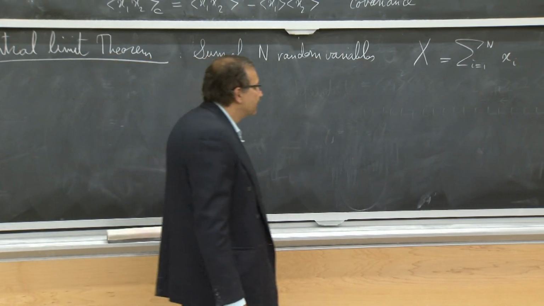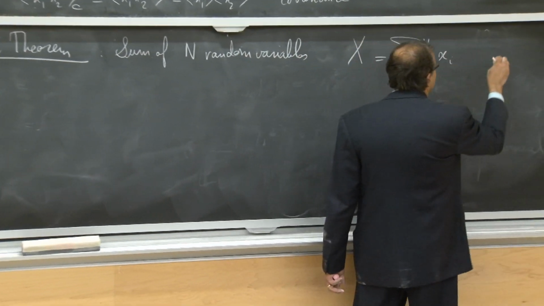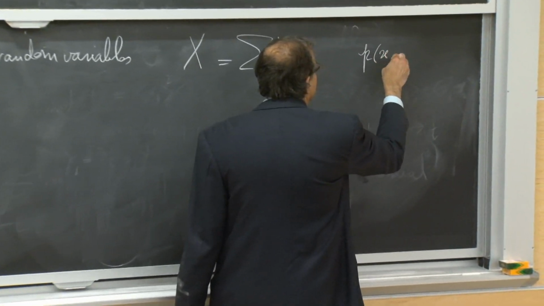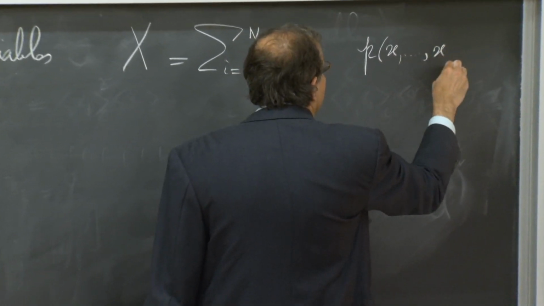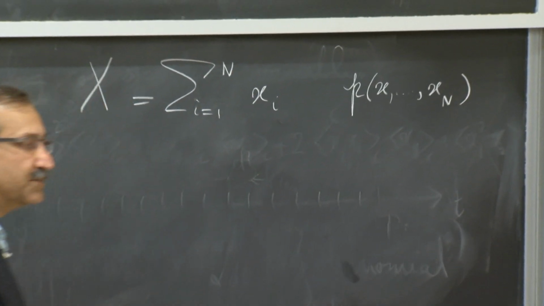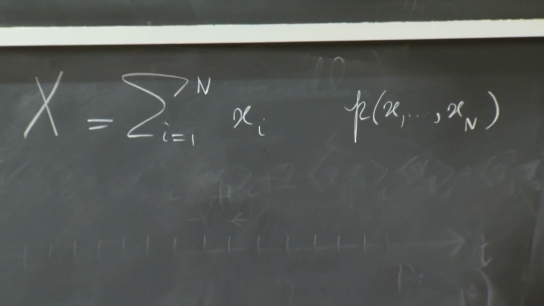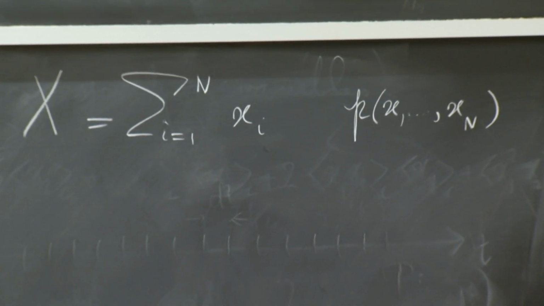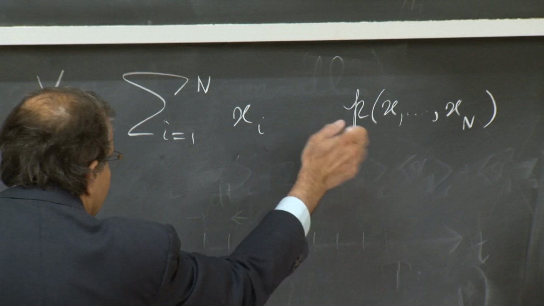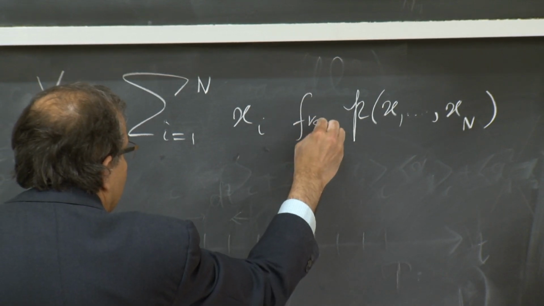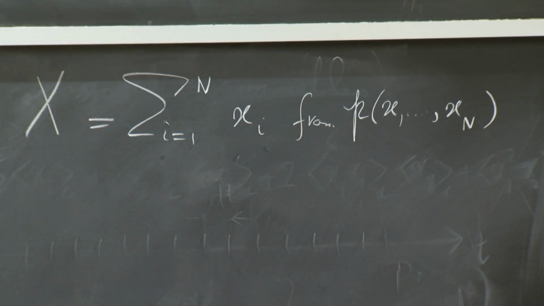And let's say that for the individual set of things that I'm adding up together, there is some kind of joint probability distribution out of which I take these random variables. So each instance of this sum is selected from this joint PDF.